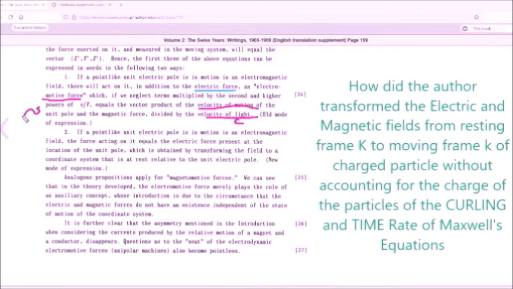The problem here is the velocity of the electron is huge, is very close to V, so that will make beta equal to infinity.